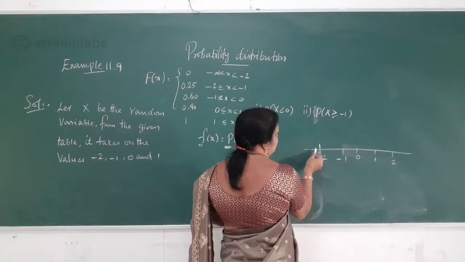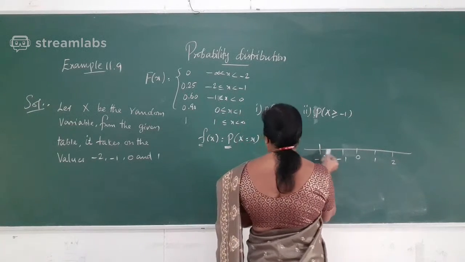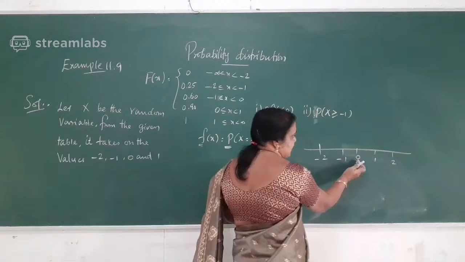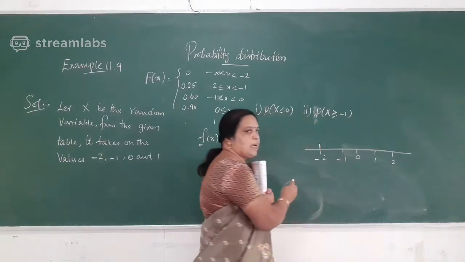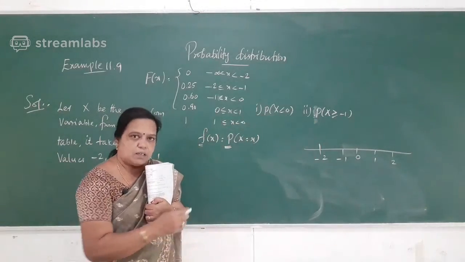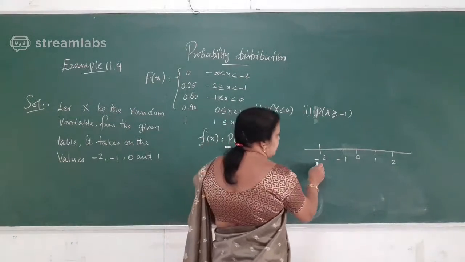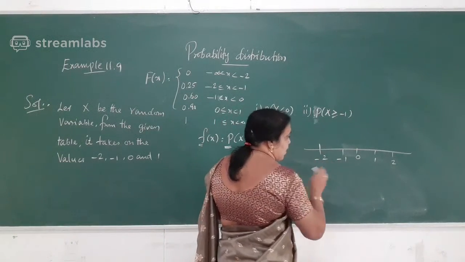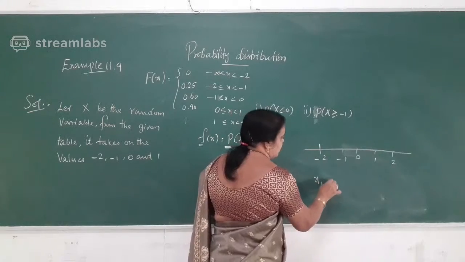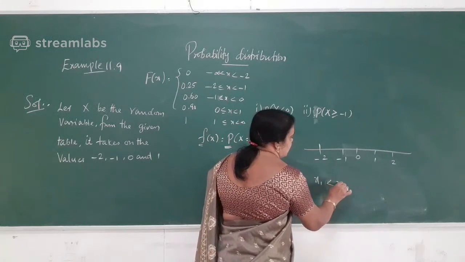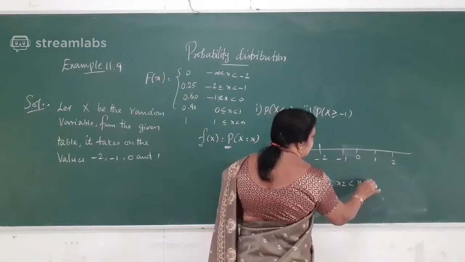Here we got the random values from minus 2 to 1. Taking the left hand side, minus 2, we need x1 less than x2 less than x3.